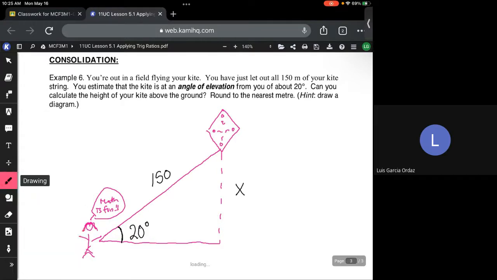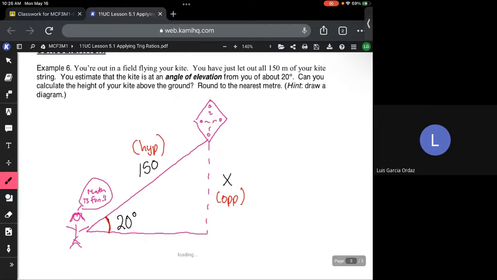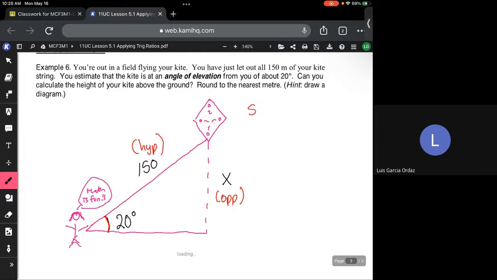Remember, we're using 20 degrees as our angle of reference. We agreed that x is our opposite because it's across from it, and 150 is our hypotenuse. So what has opposite and hypotenuse? Sine. So we're going to do sine A is equal to opposite over hypotenuse.